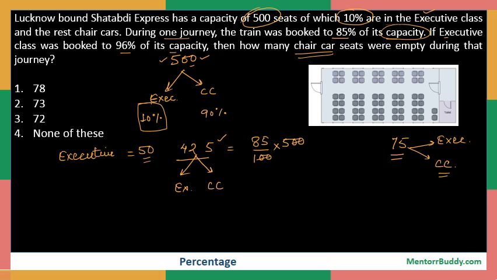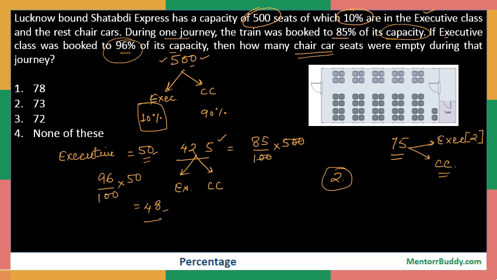And out of these 50 seats, 96% was booked. So 96% of the executive seats are booked, which gives me a total of 48 seats. So out of 50, 48 were booked. So how many were left empty? Just 2 seats. That means 2 of the executive seats were empty.